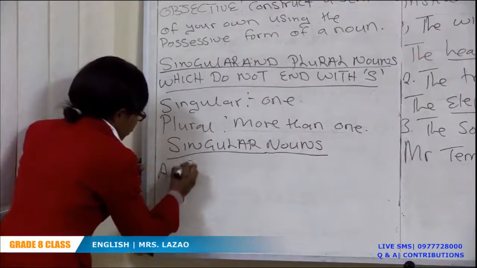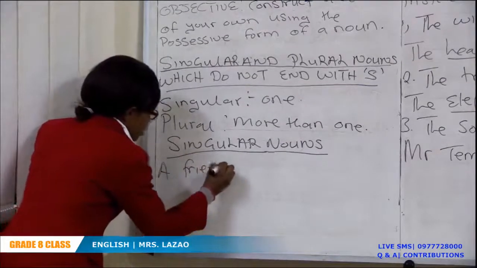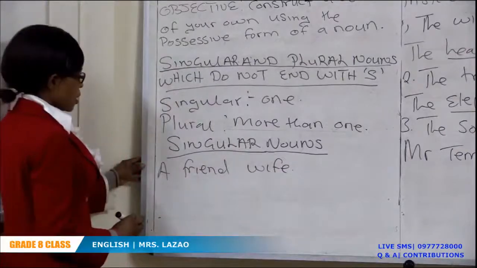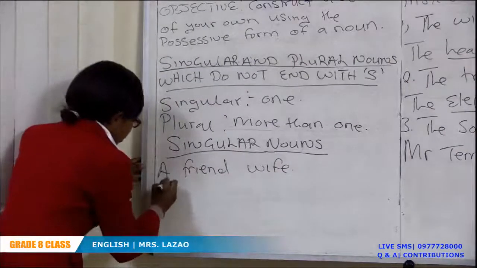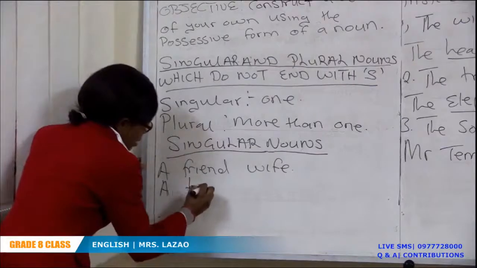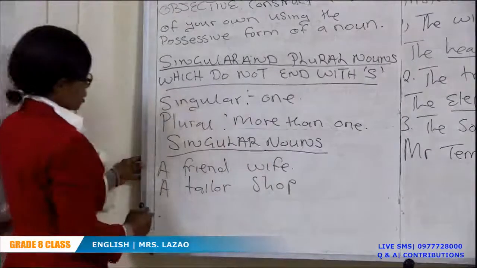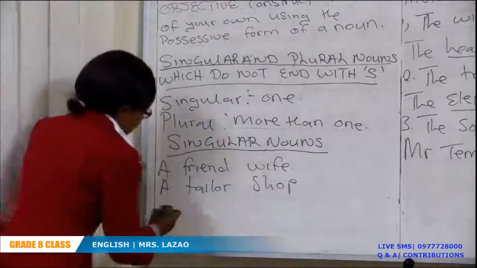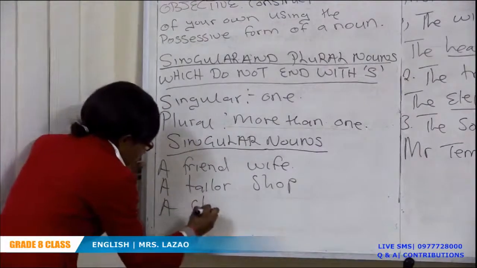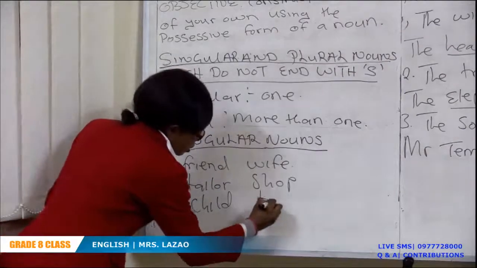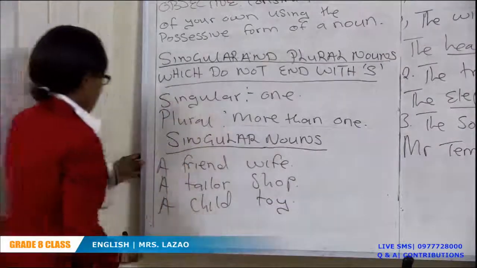Okay, a friend's wife. The second one, a tailor's shop. The third one, a child's toy.